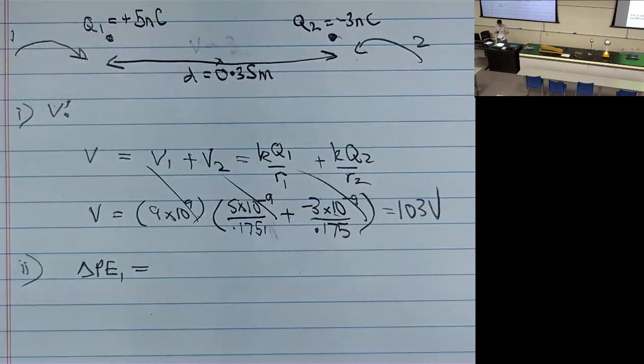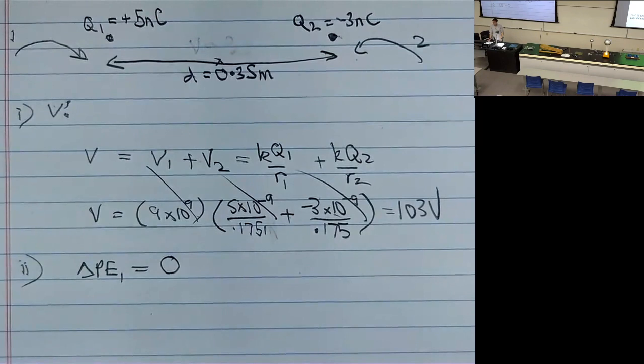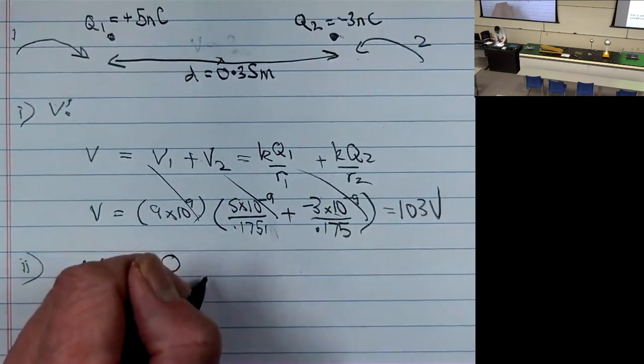So when I bring up the first charge and place it on the left, there's no work that I have to do. I don't have to push it or pull it. I transfer no energy. There's no change in electrical potential energy. So this one is easy. The change in potential energy for charge number 1 is 0 when I bring it up.